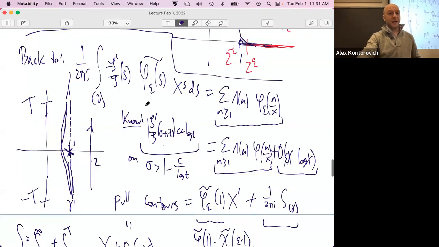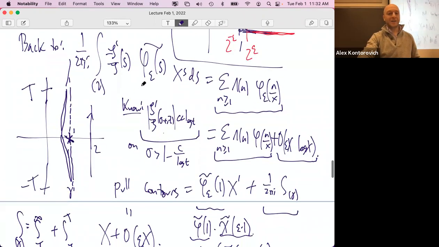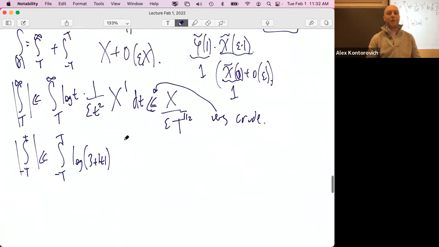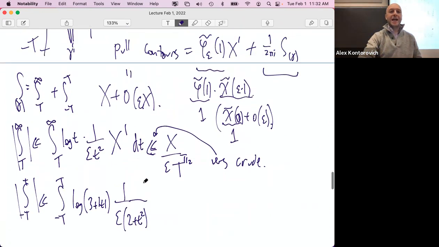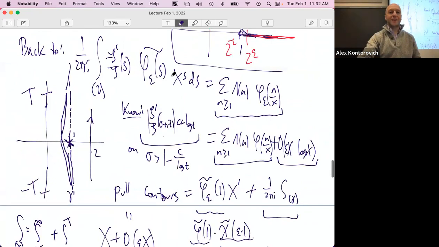What else do I have? I have this phi tilde of s. Again, I'm going to bound that by 1 over epsilon times s squared. S squared I can bound by 2 plus t squared or something. The 2 is just there to make sure I don't have blow up at 0. Then an x to the sigma.